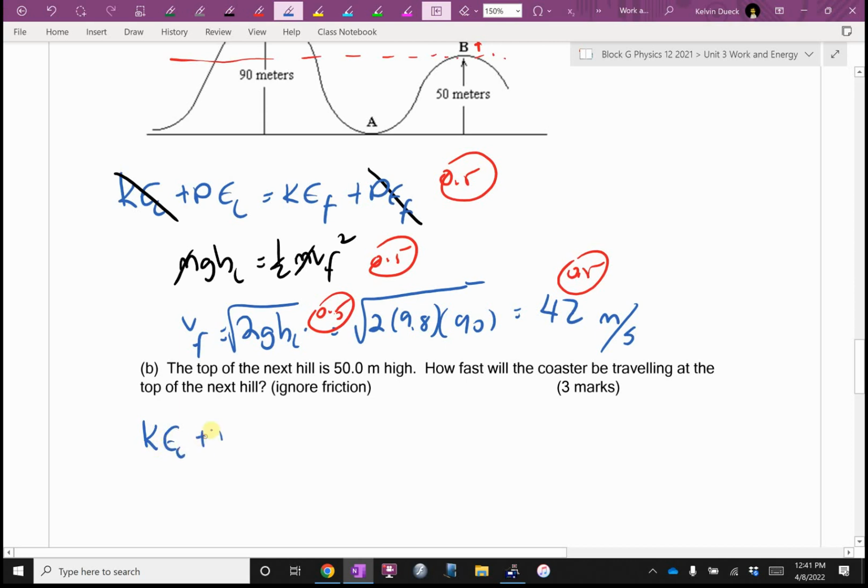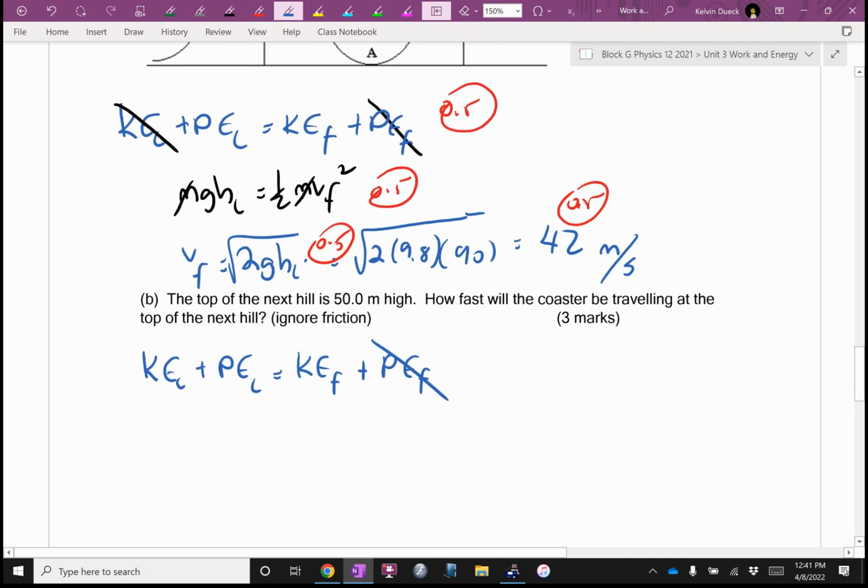KE initial plus PE initial equals KE final plus PE final, but PE final is 0 again. Oh, and KE initial is 0 again. In fact, I end up with pretty much the same thing. mgh initial equals a half mv final squared.